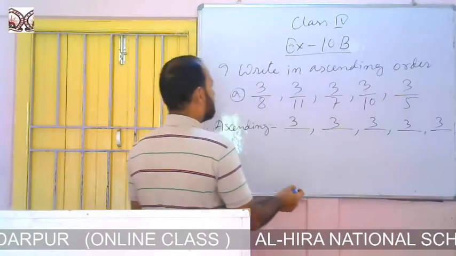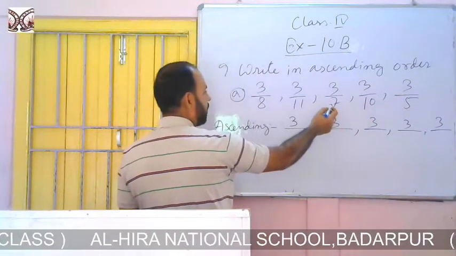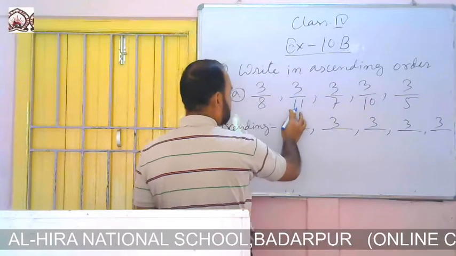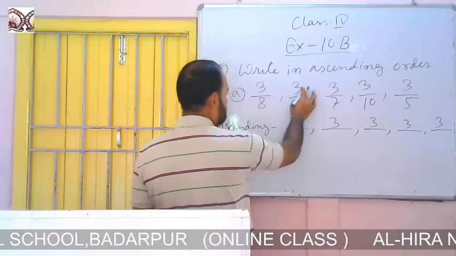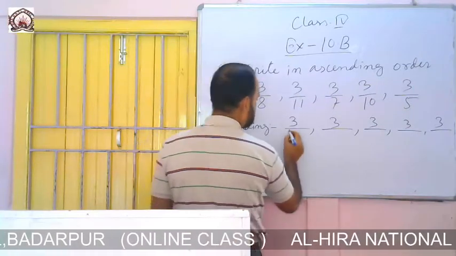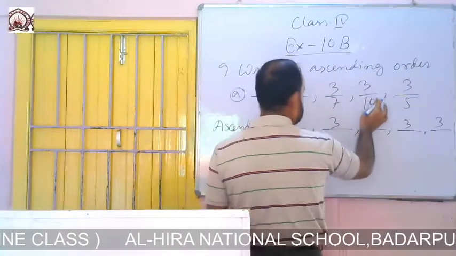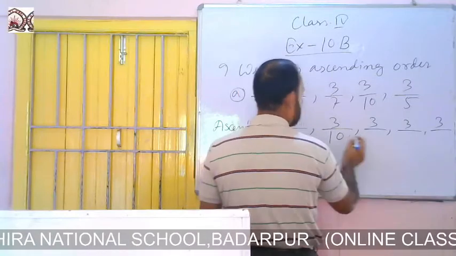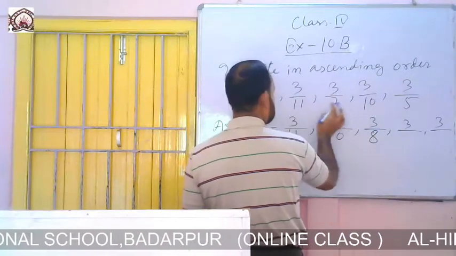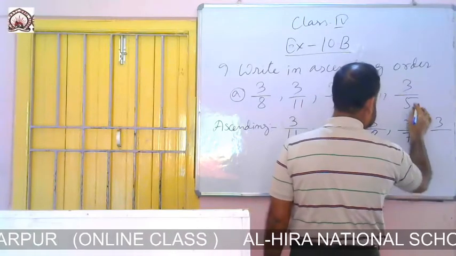Now if all numerators are same, the greatest denominator gives the smallest fraction. So 3 by 11 is smallest, next 3 by 10, next 3 by 8, next 3 by 7, next 3 by 5.